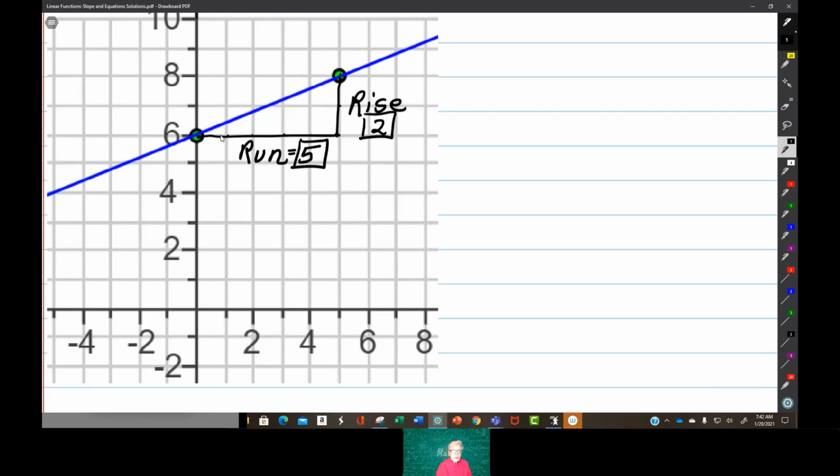This line is rising from left to right. This point is lower than this point, which means that this line is called increasing, which means the slope is positive.